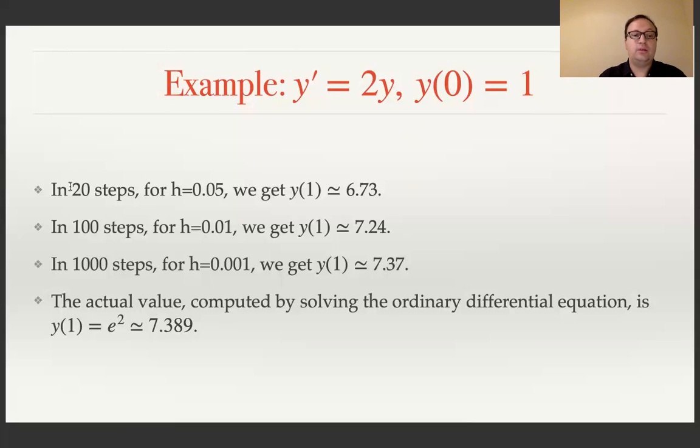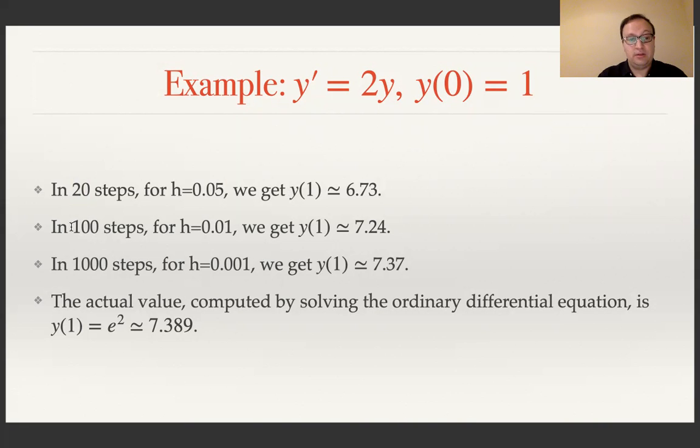So if we keep lowering the step size, then we get increasingly more accurate values. If we have a step size of 0.05, it will take us 20 steps to get y of 1, and the approximate value will be 6.73.